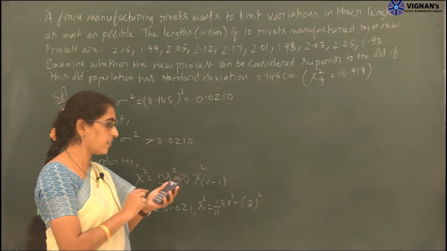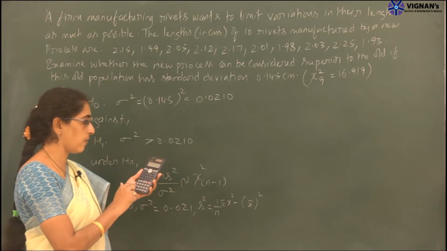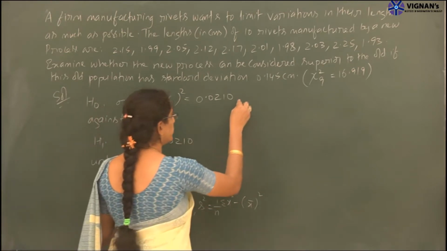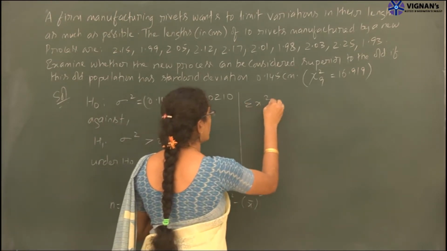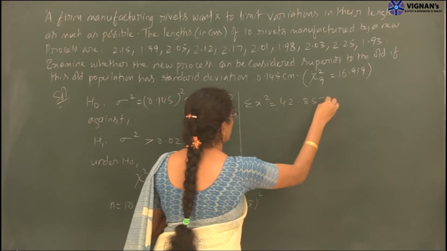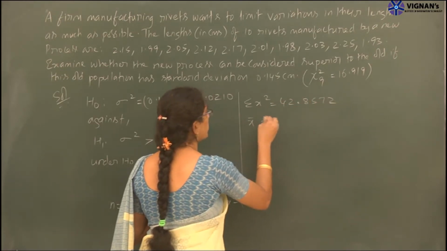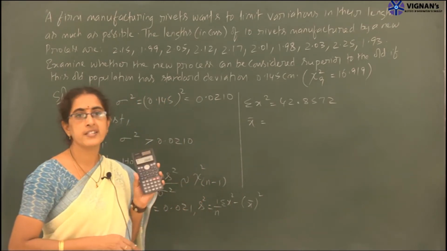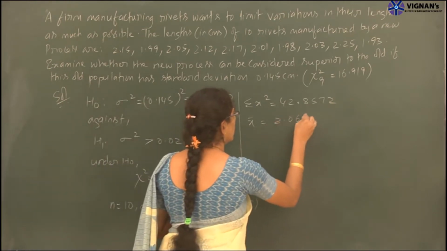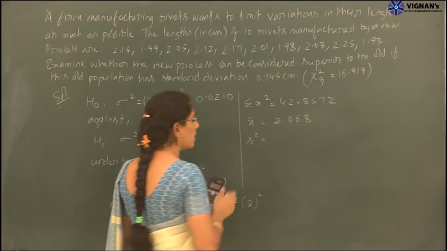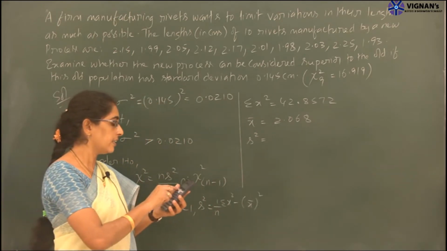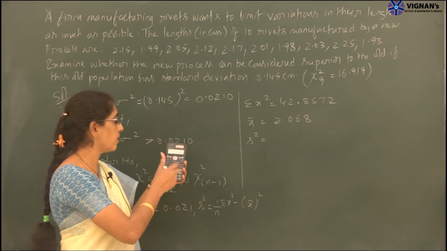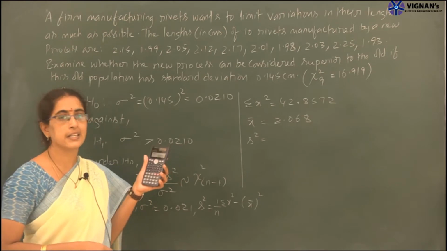Next go to shift 1, then summation x square, which is given by 42.8572. Now directly we can obtain the value of x bar, that is shift 2 first option, which is 2.068. The small s can also be obtained using the calculator, that is shift 2 second option, but we want the square of that, so make a square of that, so it is 0.0091.